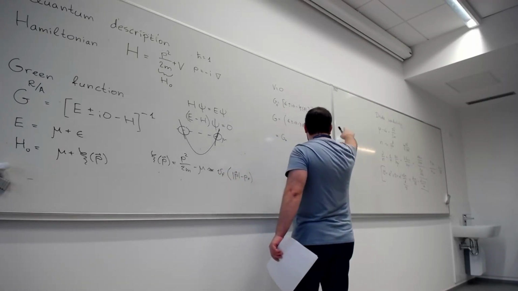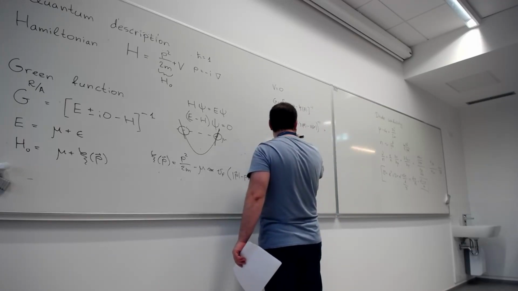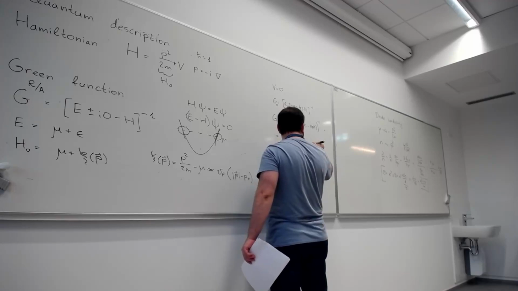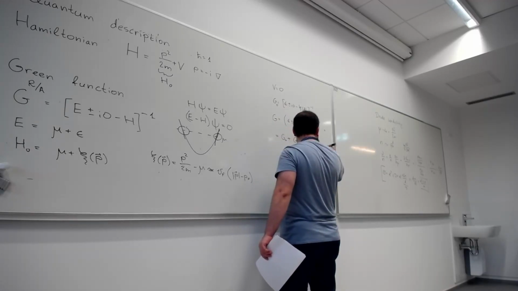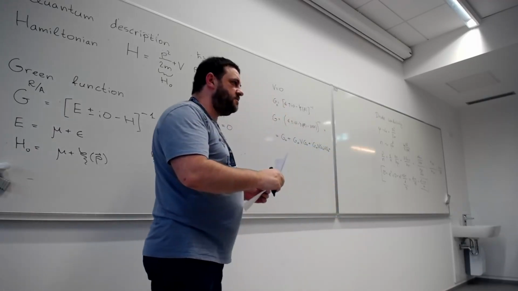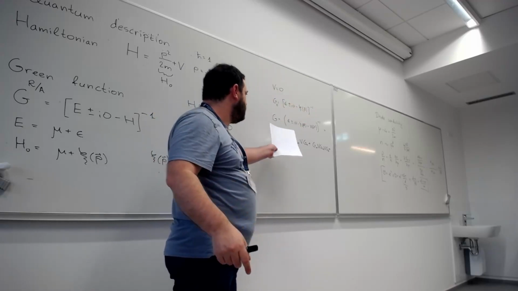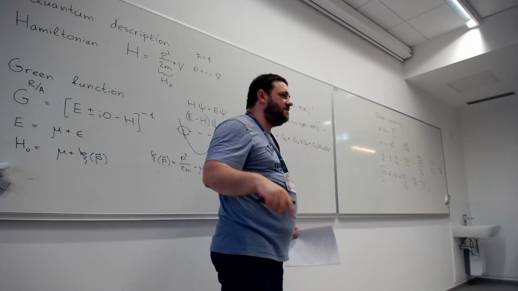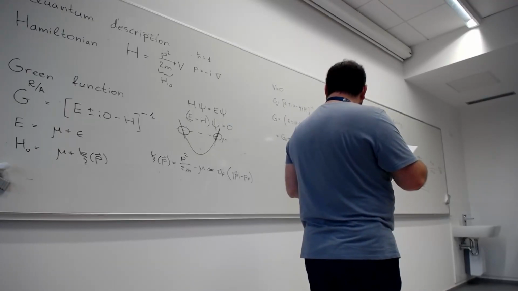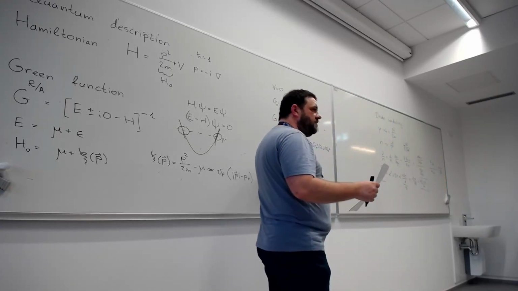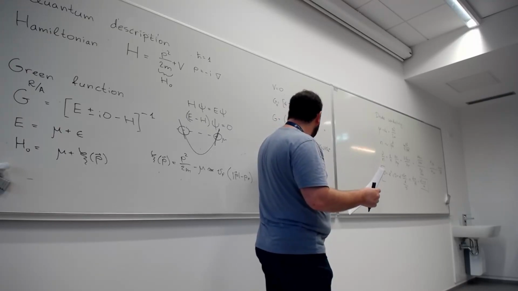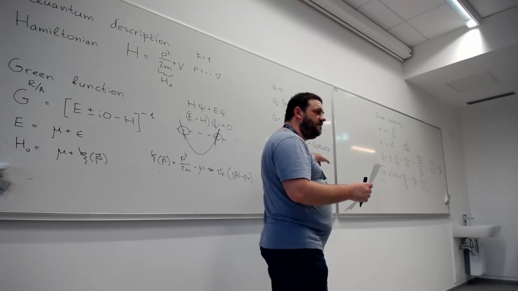And if we continue this expansion, we will have plus G0 times V times G0, plus this, and so on. It's just a power expansion of 1 over 1 plus x. So this relation is the relation between operators. The operator G is related to the operator G0 and the operator V in this way.